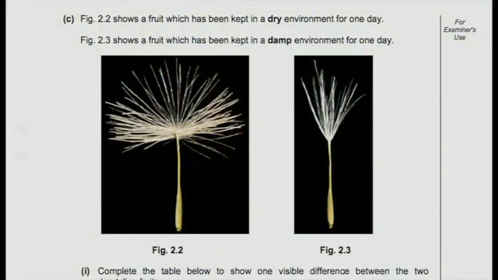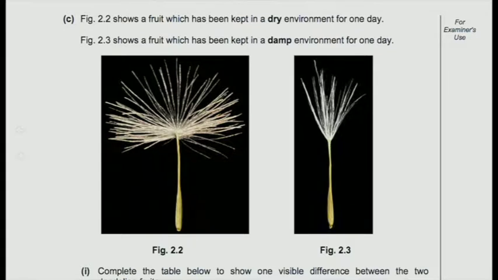In today's presentation, we're looking at the alternative to practical paper as a continuation to what we were doing last time. So we'll start with question number C2, which reads, Figure 2.2 shows a fruit which has been kept in a dry environment for 1 day.